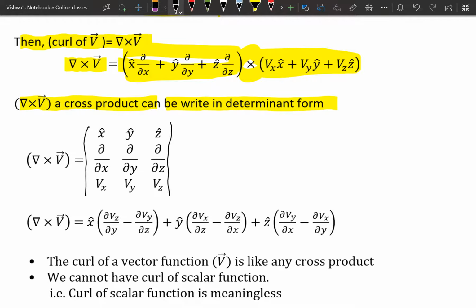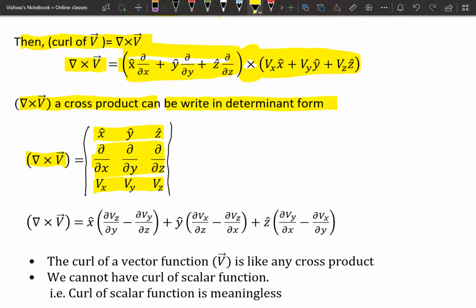Now it is determinant. Del cross v, in first row the unit vectors x cap, y cap, z cap. In second row the differential terms from the del operator, dou by dou x, dou by dou y, and dou by dou z. In respective columns we have to write. In the third row we have to write the components of vector field vx, vy, and vz.